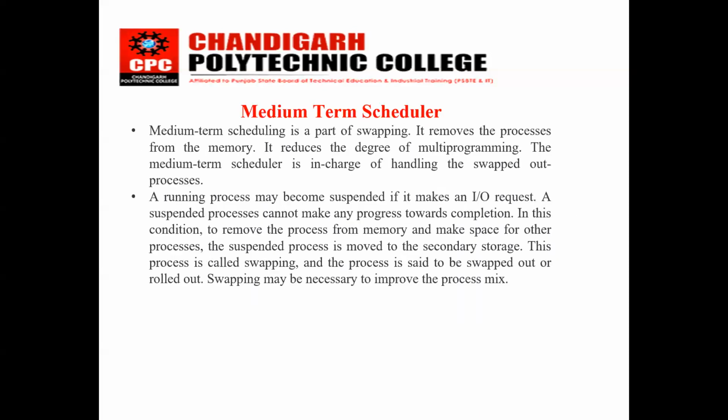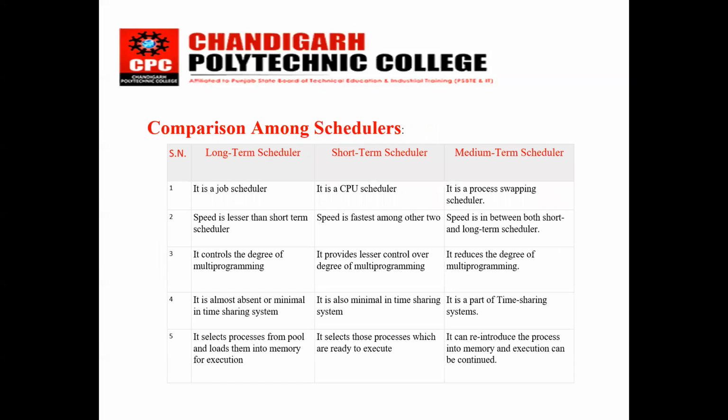So this is all about the types of schedulers, and here is the comparison among the types of schedulers. First is the long-term scheduler, second is the short-term scheduler, and third is the medium-term scheduler.